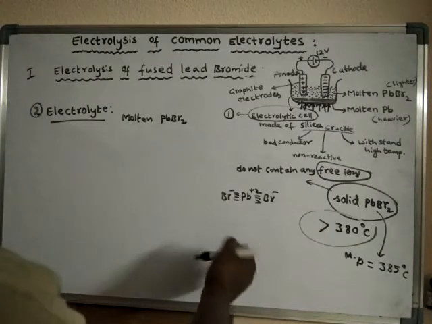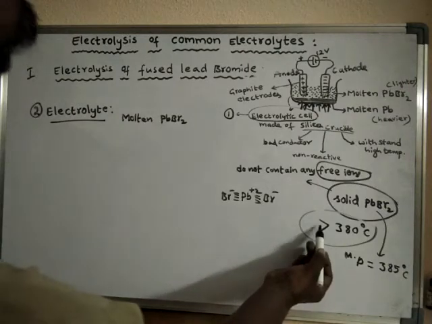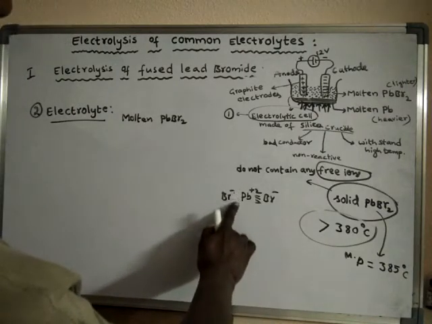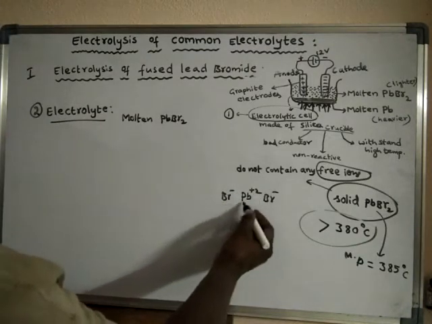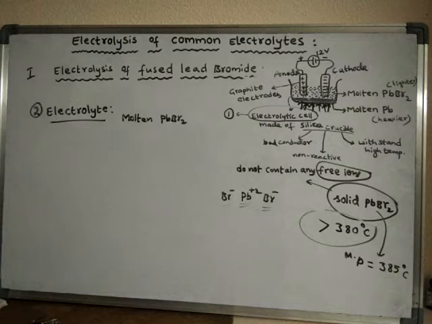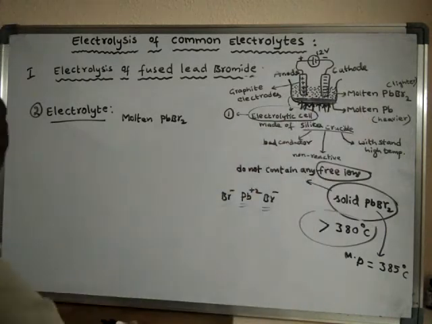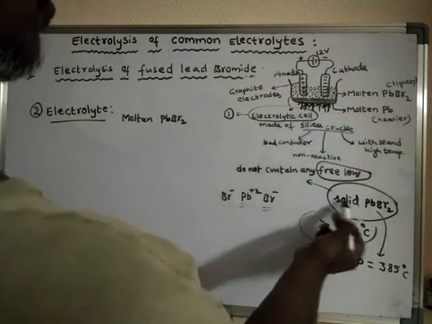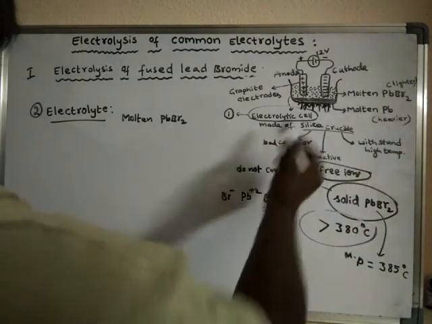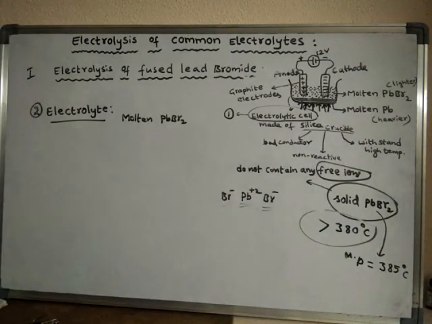In order to convert solid lead bromide into free ions, we have to heat it to higher temperatures, so that these bonds are broken and we get free ions. Externally we have to heat the lead bromide to get it in molten form, and maintain the temperature above 380 degrees centigrade.